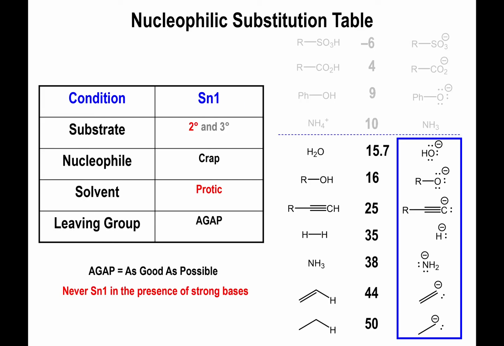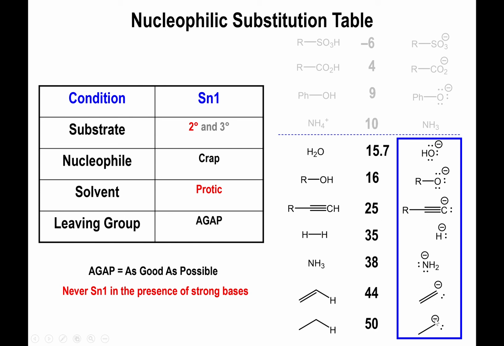Okay, now the last thing I want to highlight, and I kind of already mentioned it, is the fact that when you have a nucleophile that is considered a strong base, and to remind you, any conjugate acid that has a higher pKa than water, the direct conjugate base is automatically a strong base.